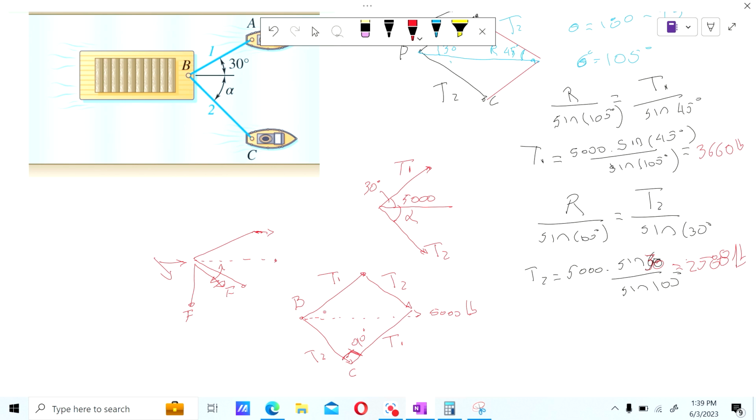So that means that this is 60 and this is 30. And that is a 30, 60, 90 degree angle.